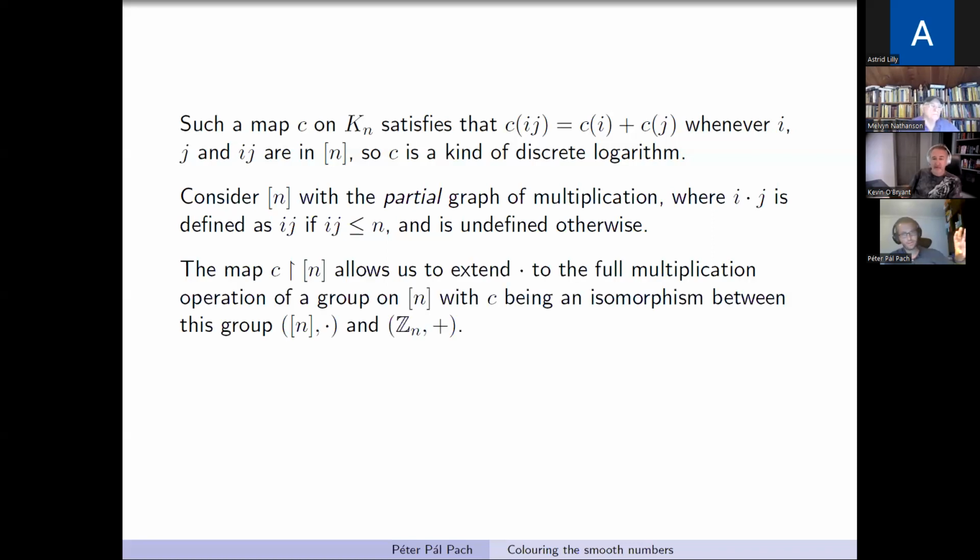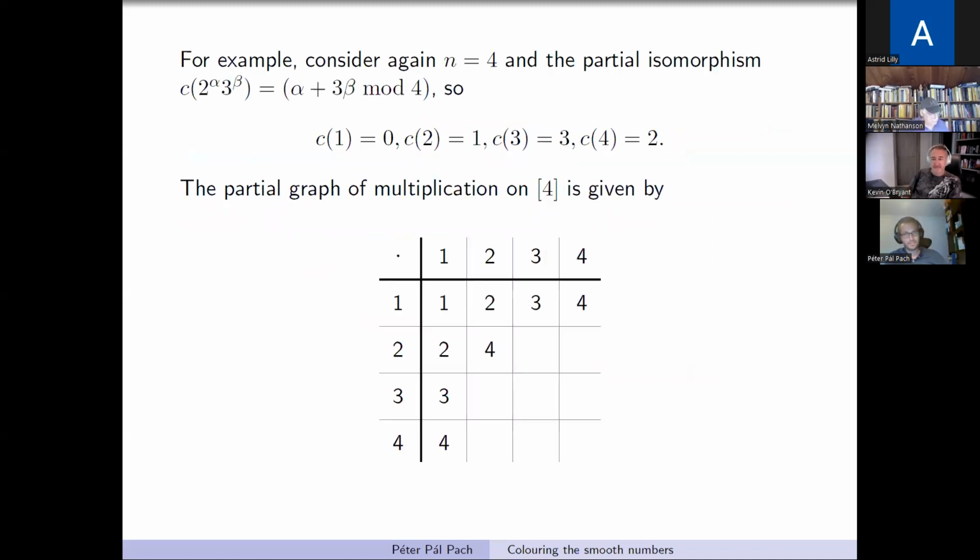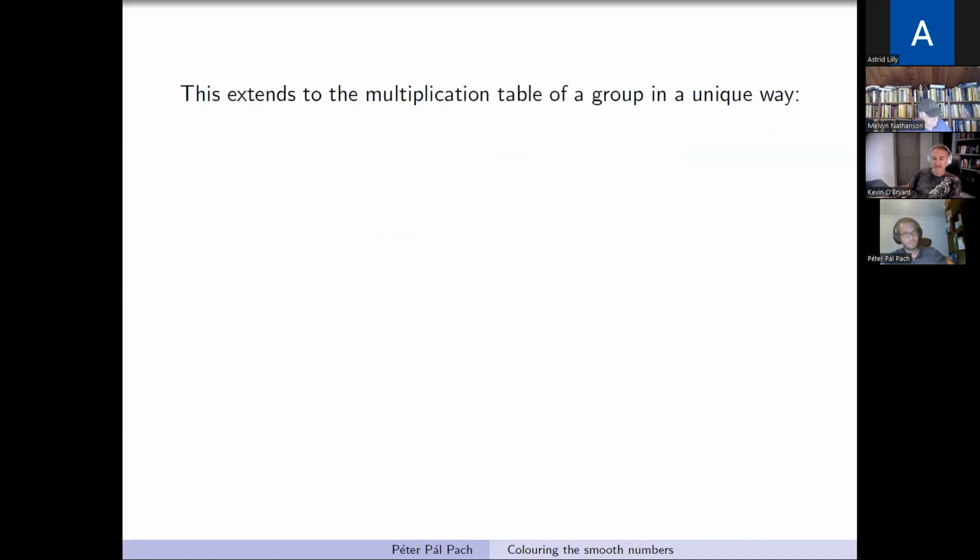So we have a partial multiplication table of the cyclic group like this, and the task is to extend it to the multiplication table of, say, the cyclic group.